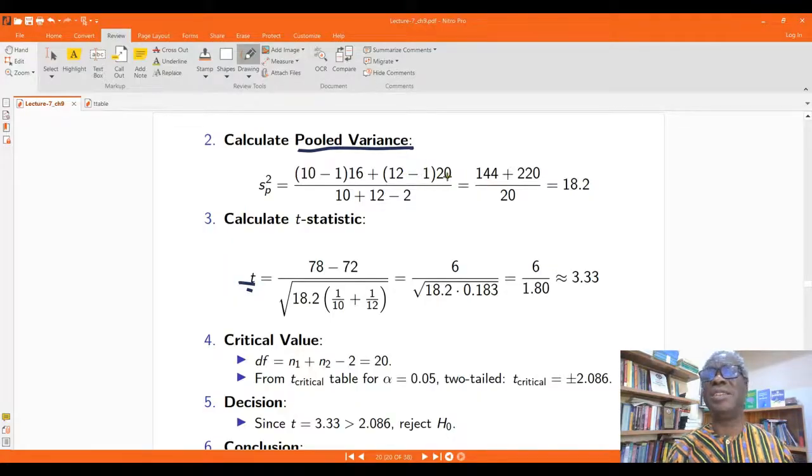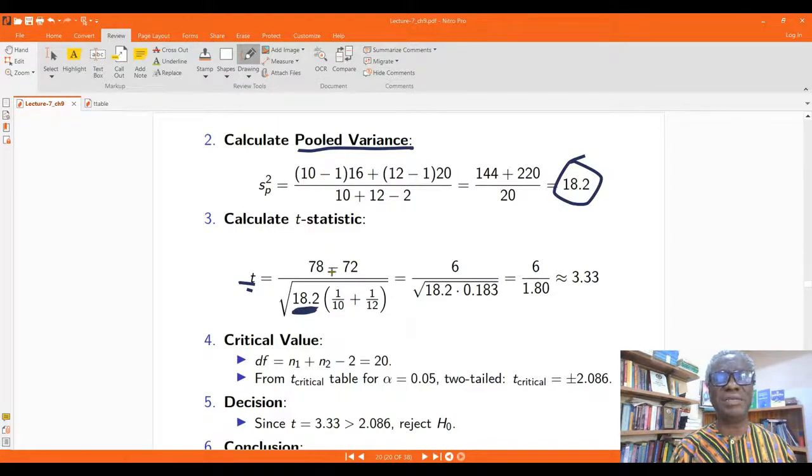And then the sample variance for method B, and then N1 plus N2 minus 2, and that gives the pooled variance to be 18.2, and that's the 18.2 here.